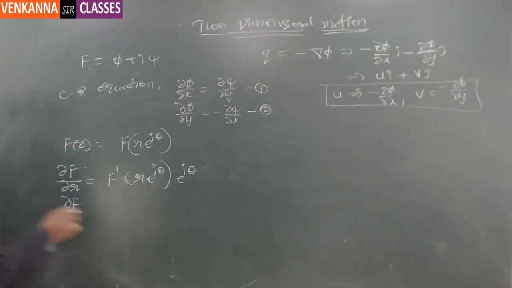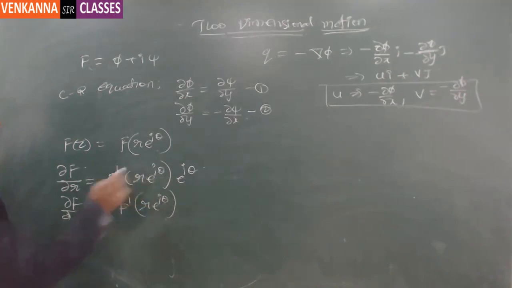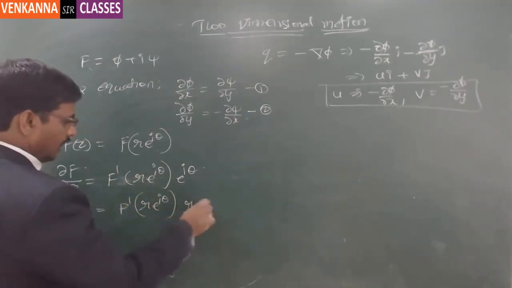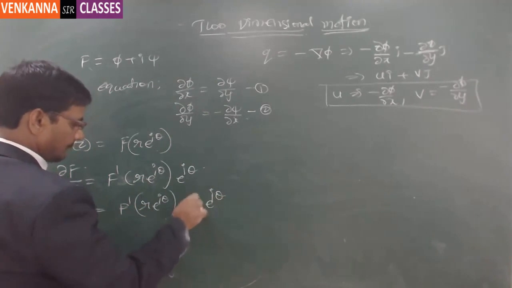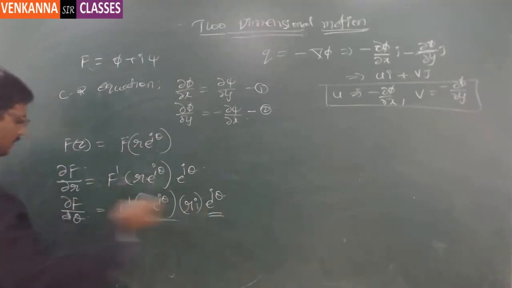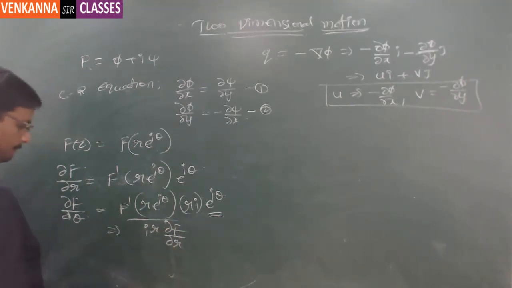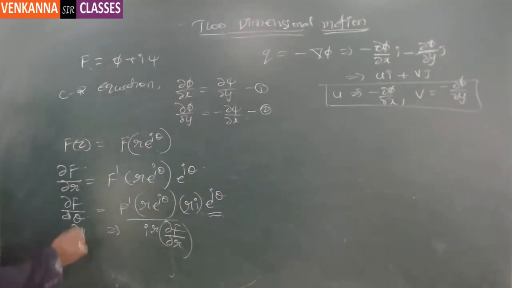And dou f by dou theta is f dash of r e power i theta times the derivative of r e power i theta with respect to theta, which is r into e power i theta into i. Now f dash of r e power i theta into e power i theta can be replaced with dou f by dou r. So ir into dou f by dou r. So this is the CR equation. So this is equal to dou f by dou theta. Got it?